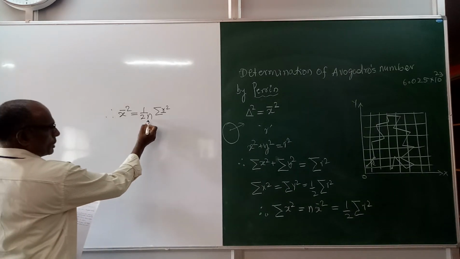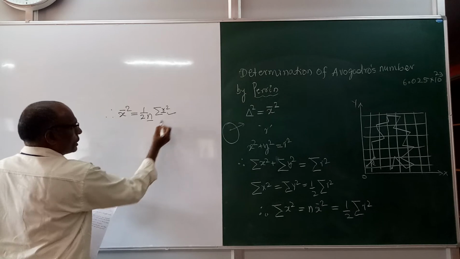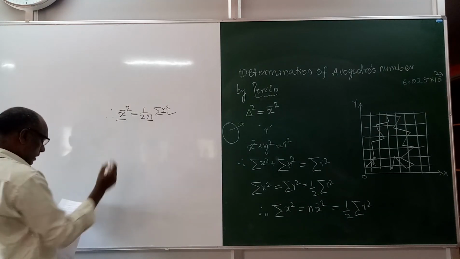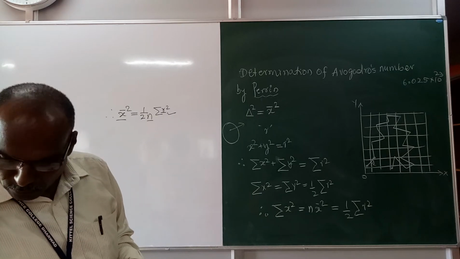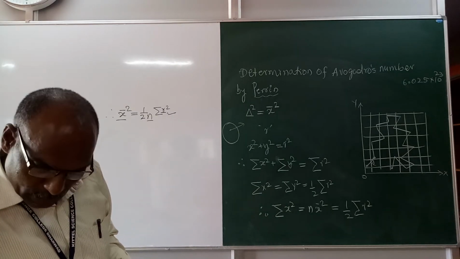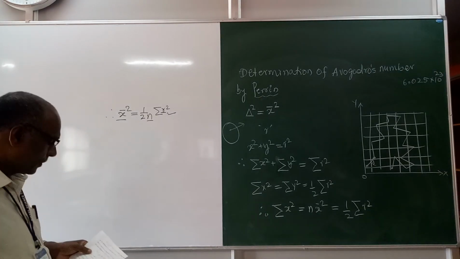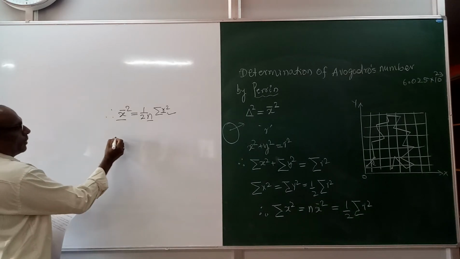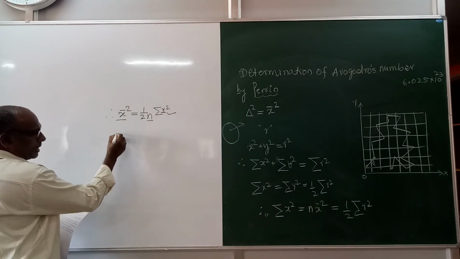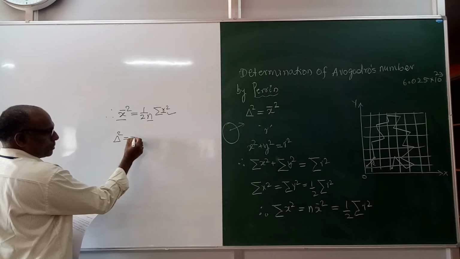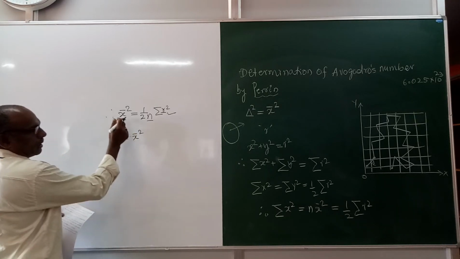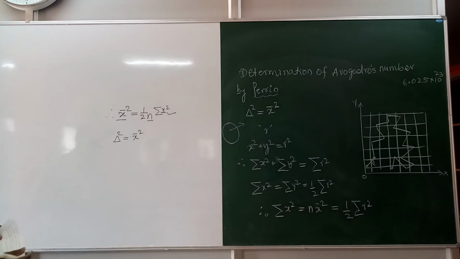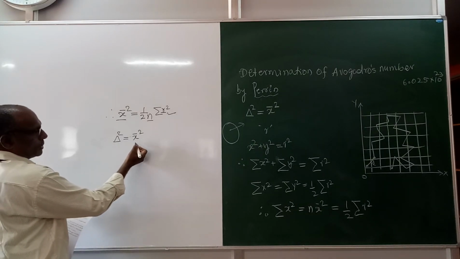Perrin measured the displacement for a fixed time interval, and took delta square equal to the experimental value of the mean square displacement.